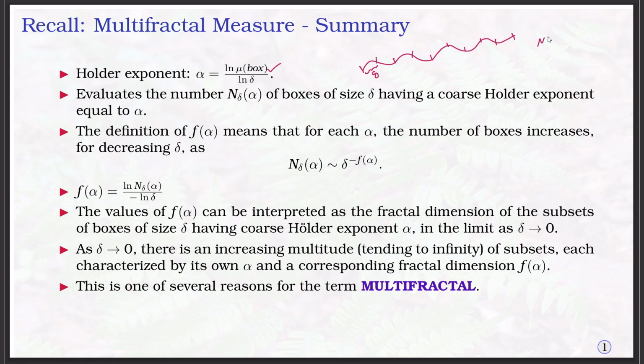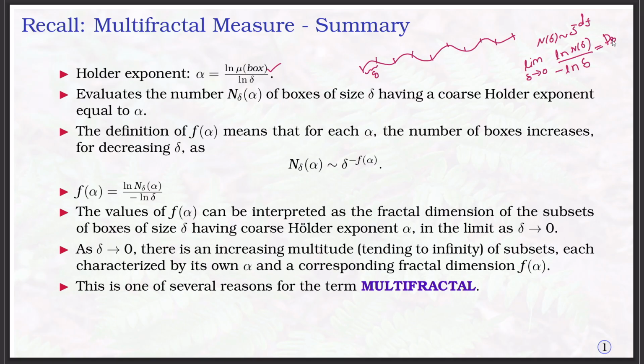That means N of delta is directly proportional to delta power minus d_f, where this d_f we calculate for the box counting dimension or fractal dimension, with limit delta tends to 0, then ln of N of delta over ln of 1 over delta we call the box counting dimension or fractal dimension, that we may denote as d_B.